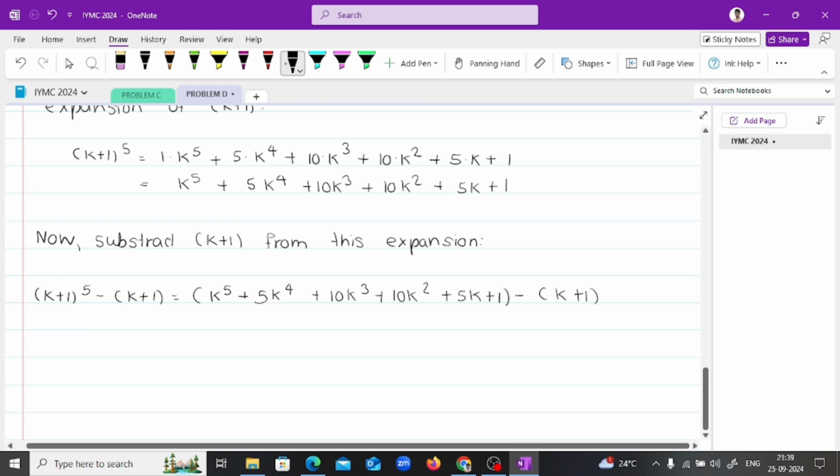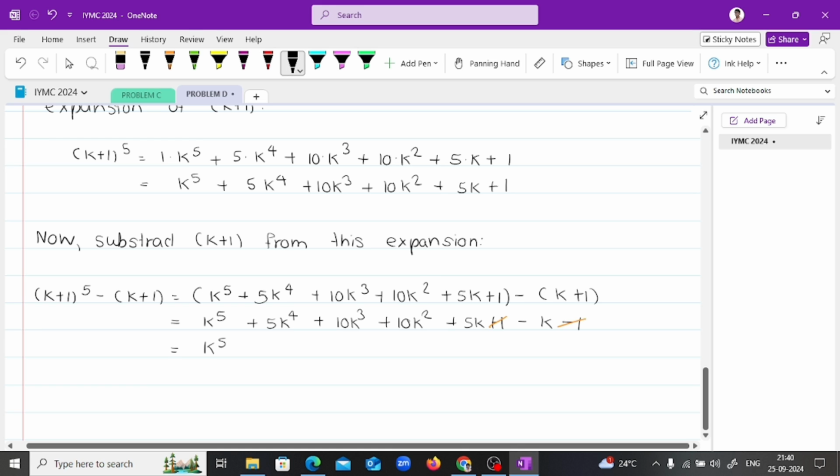Now I will remove the bracket. It is equal to k raised to 5 plus 5k raised to 4 plus 10k cube plus 10k square plus 5k plus 1 minus k minus 1, and we can easily cancel out this plus 1 and minus 1. Now I will rearrange the terms as per our need.